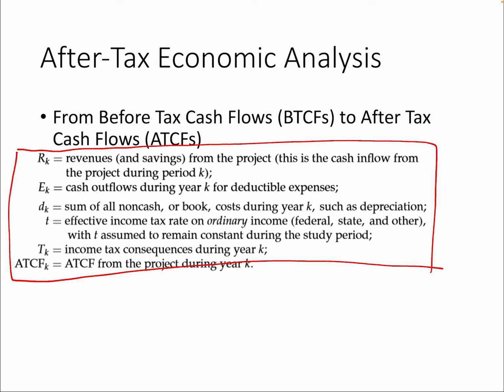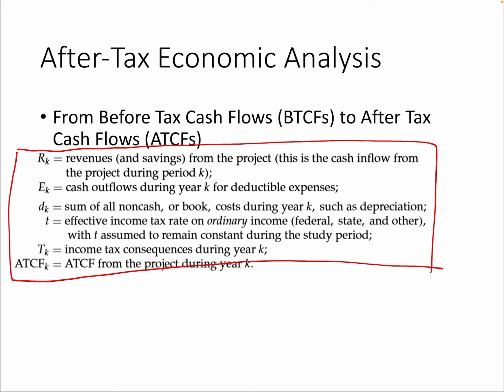So the first one is Rk, that is the revenues, or we can say the savings. If you use some new equipment to save energy or save fees, that is the Rk from the project. This is the cash inflow from the project during period k. And Ek is cash outflows during year k for deductible expenses.